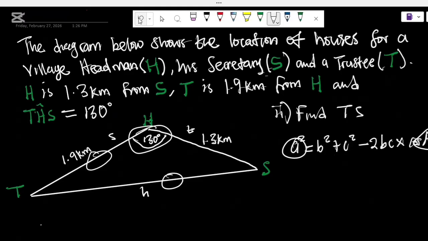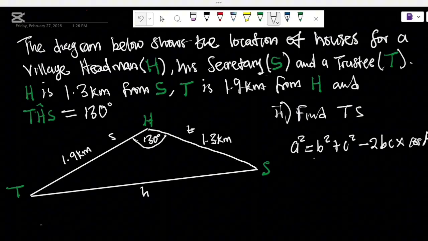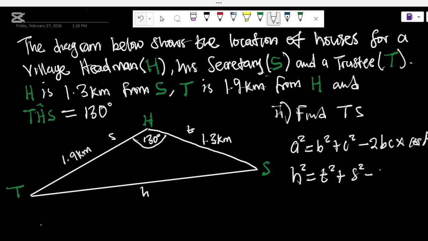So here we can go ahead and substitute into the formula to get the correct answer. Here we're going to have h, which is the distance to be found, and notice that we have t squared plus s squared minus 2ts times cos h.